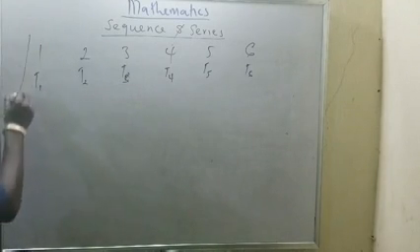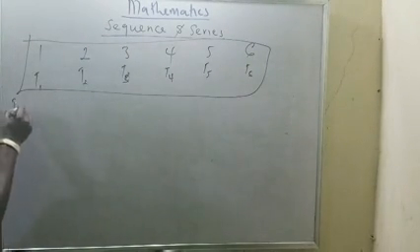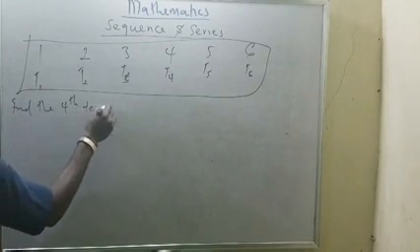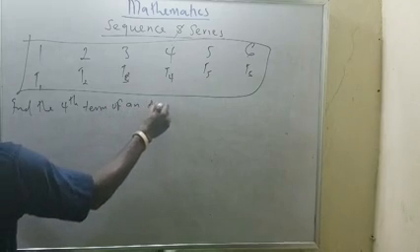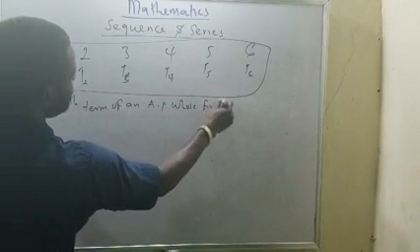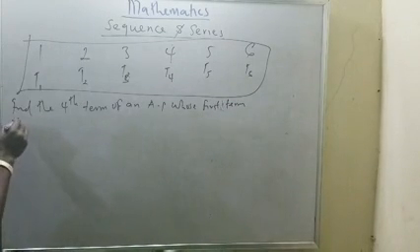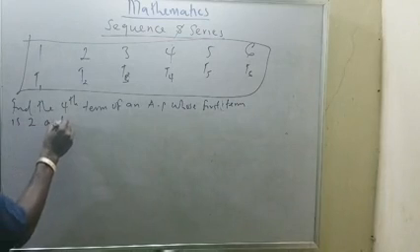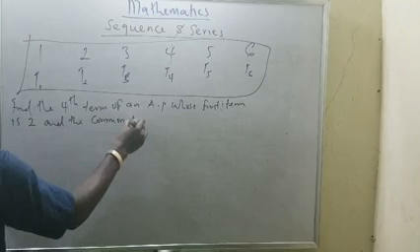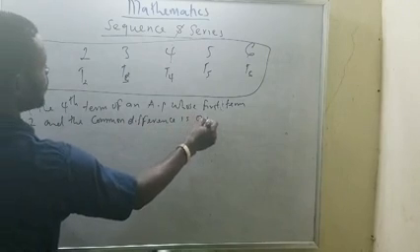Let me give a question. This will help us explain this part very well. Find the fourth term of an arithmetic progression whose first term is 2 and the common difference is 0.5.